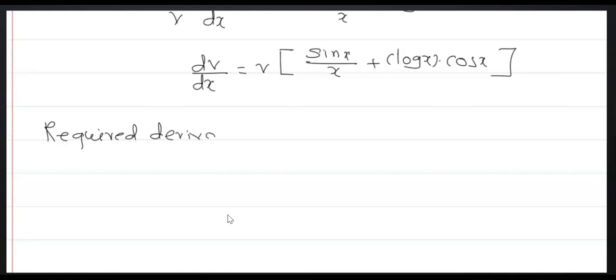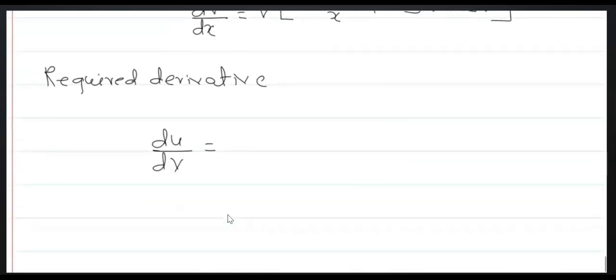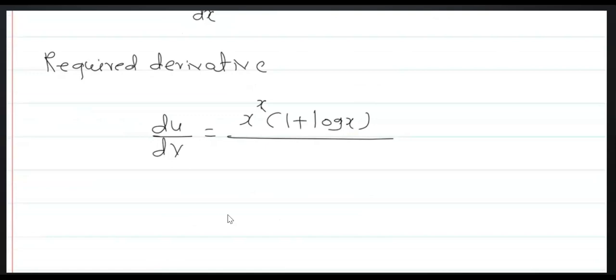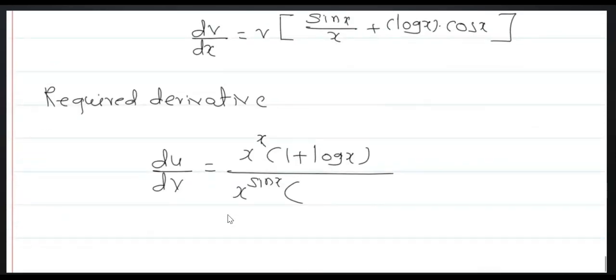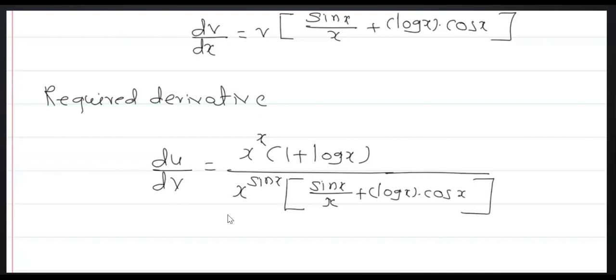Therefore the required derivative is x raised to x, in bracket 1 plus log x, upon, in the denominator, x raised to sin x, in bracket sin of x upon x plus log of x into cos x. This is the answer.